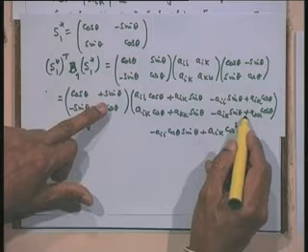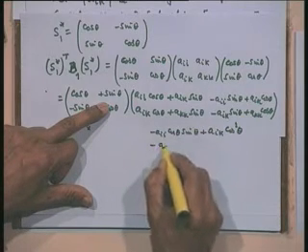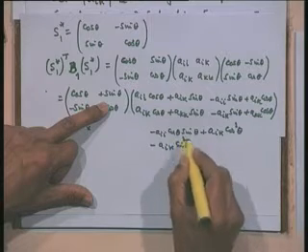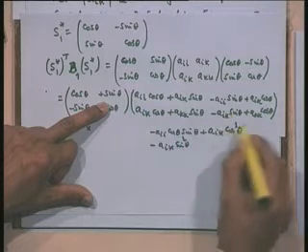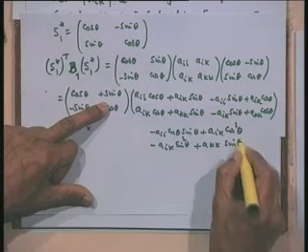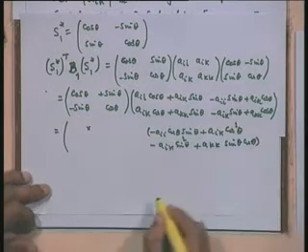Then I multiply this by sin theta. So, this will be minus Aik sin square theta, this is sin theta into sin theta, plus Akk sin theta cos theta. So, let us put a small bracket here, so that we will have this.